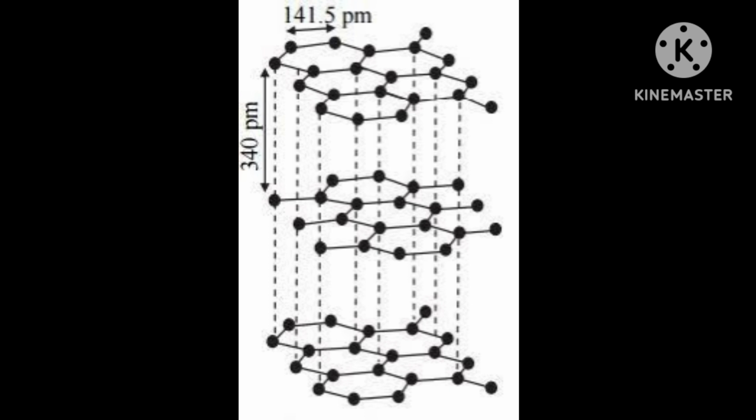Just like a room, every corner is 90 degrees. This is also just like a cube, a room where you are living. Suppose a 10 by 10 room, then every side is 10. It is just like a cube. The angle is 90 degrees. But it is not necessary that all sides will be equal.